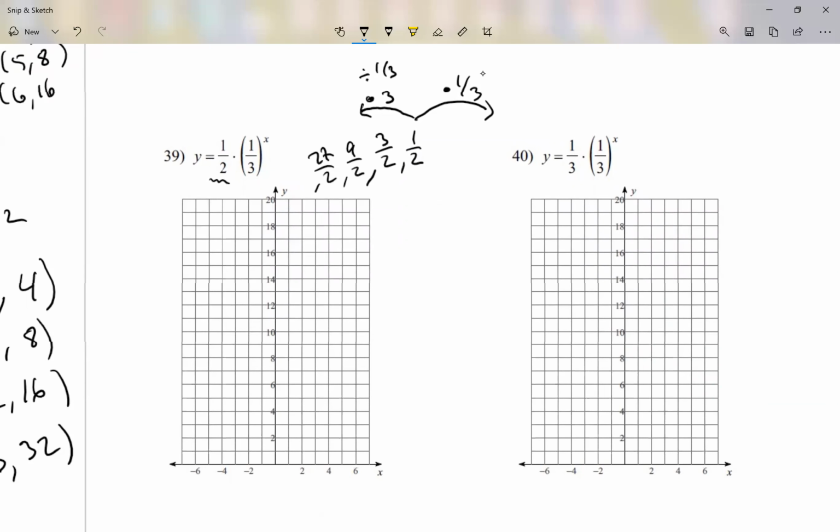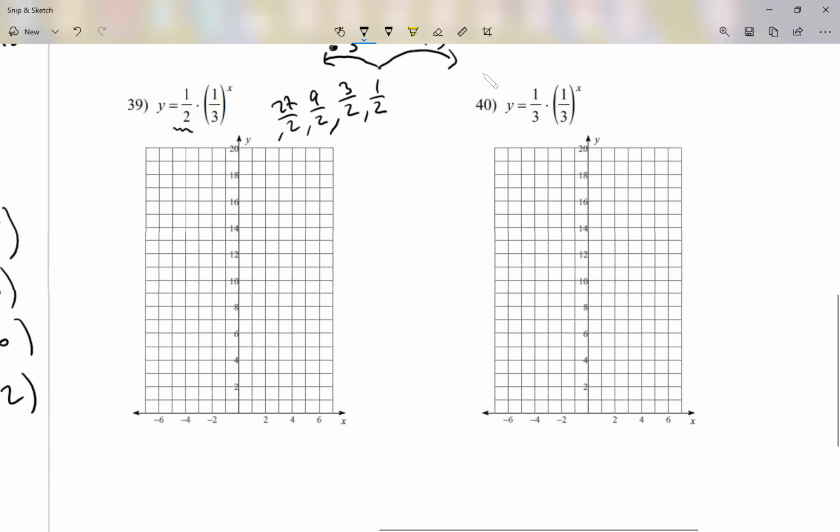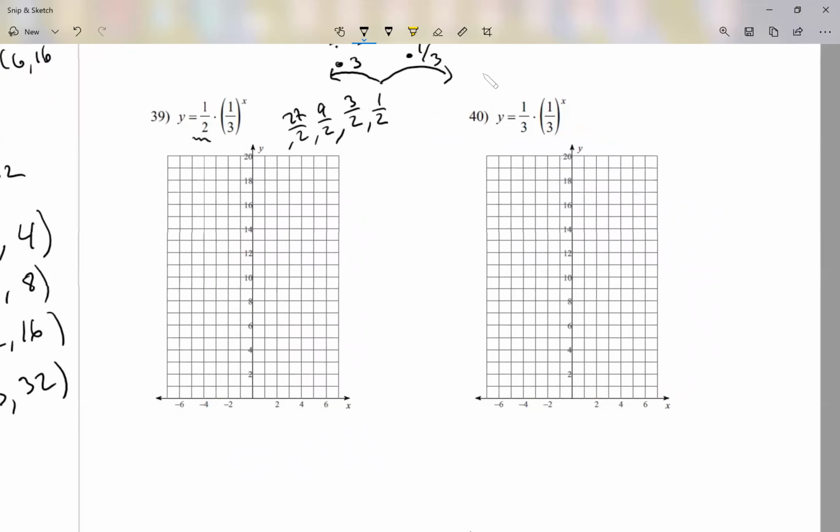So roughly my numbers, when I see this as a decimal, my initial number is 0.5. Right, that's 1/2. My other number, it's about 1.5, right? 3/2. 9/2 is 4.5.